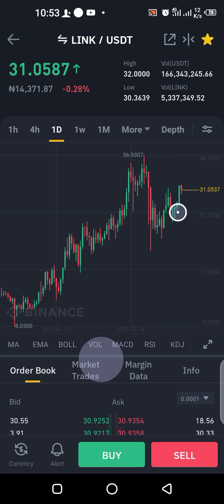So if I were you, since the spot trading section on Binance does not have a trailing stop order, the trailing stop order works like this. If I bought this coin at 27.5 and I put my stop loss $2 below it, that would be 25.5.